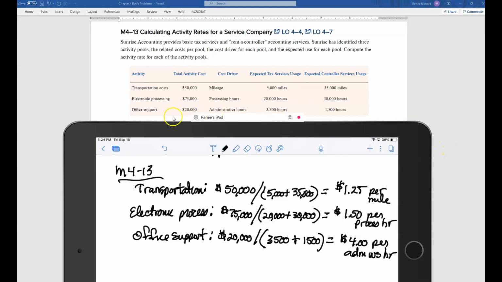Because we said that office support overhead is driven by the number of administrative hours put in. And the total is these two together. So we've come up with rates.